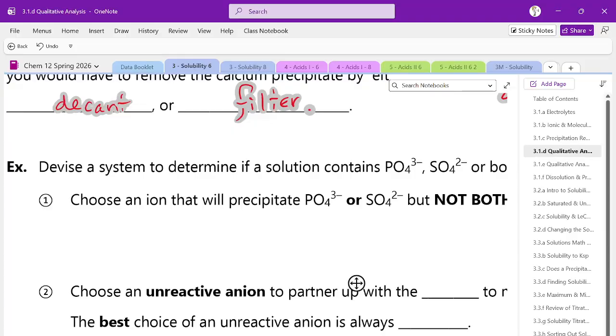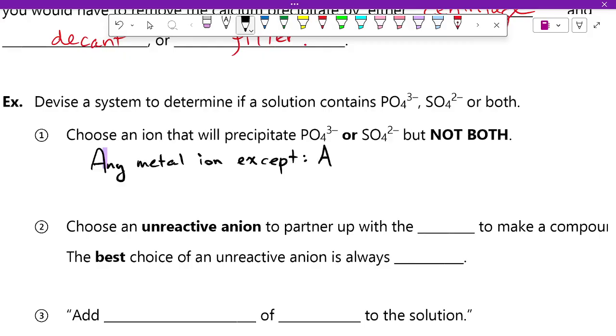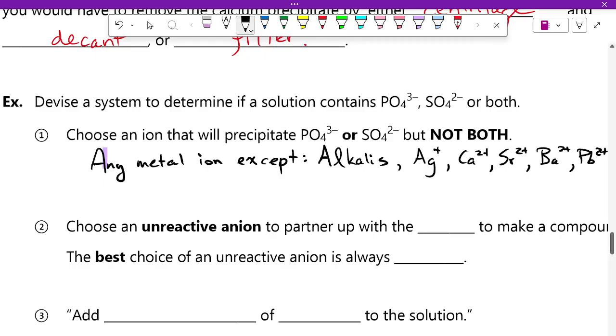Okay, so we could choose any metal ion other than the alkalis, silver, calcium, strontium, barium, lead. Yes?